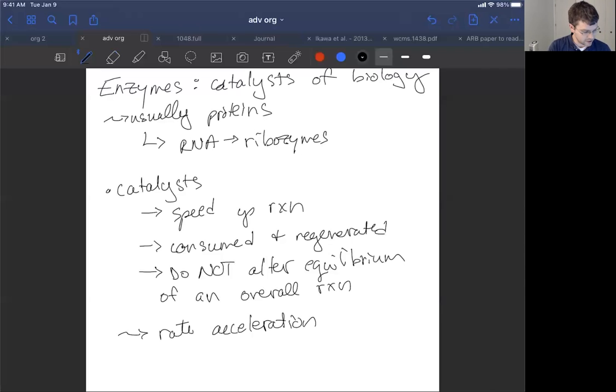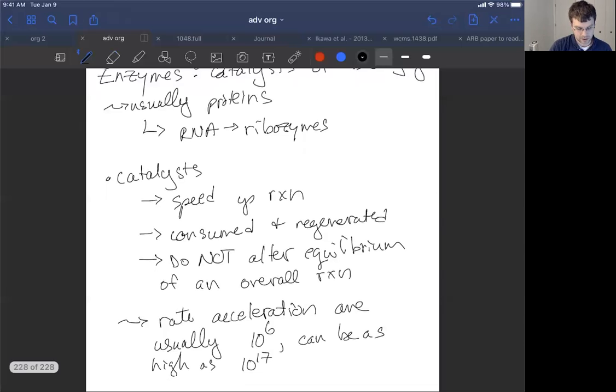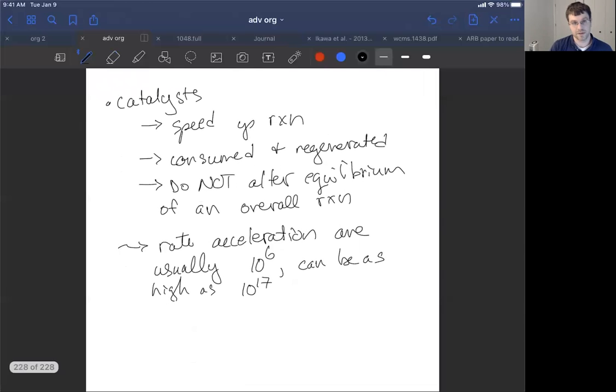So rate acceleration is usually about 10 to the 6th, so 6 orders of magnitude, and can be as high as 10 to the 17th. And they can be as low as slightly greater and still be called an enzyme. That I won't worry about the low end of that because we can go as low as we want to go.